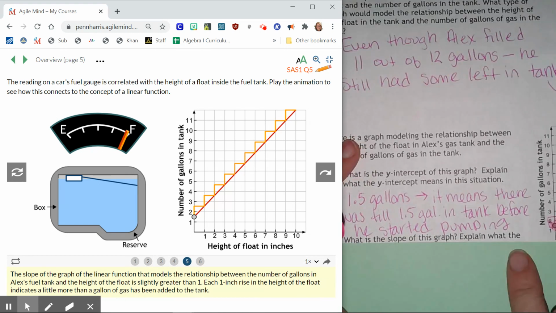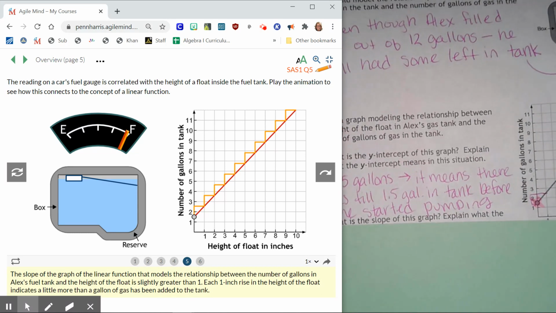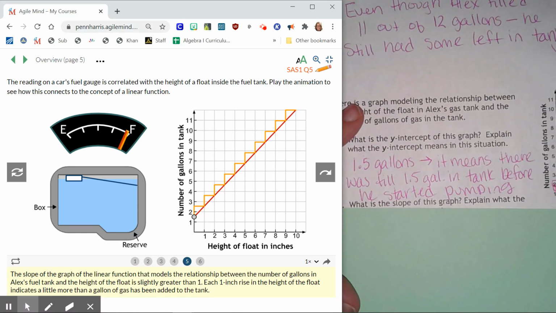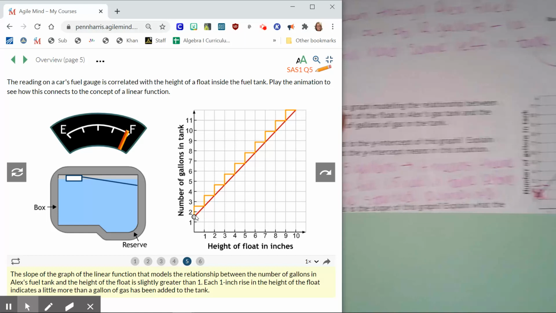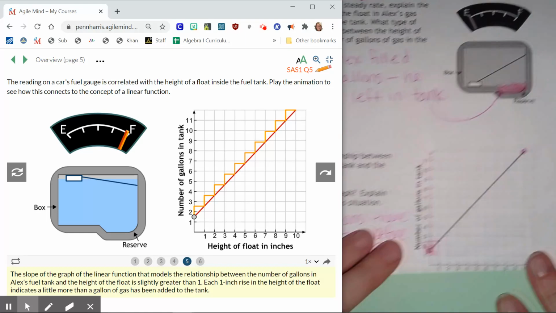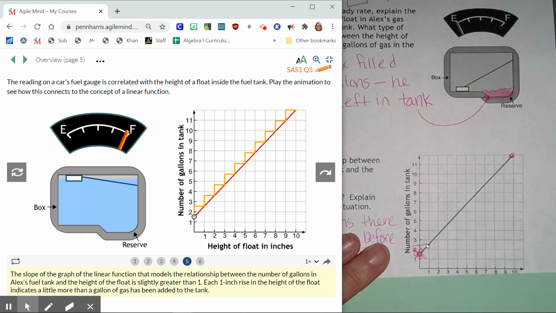Okay, so now they want to know for part B, what is the slope? Well, again, we can look on the paper or you can look over here on the screen. It looks to go about up 1 and over 1. You can maybe see it better here. I don't know what kind of drawing I did there. But we go from 1.5 to 2.5 in 1 inch.